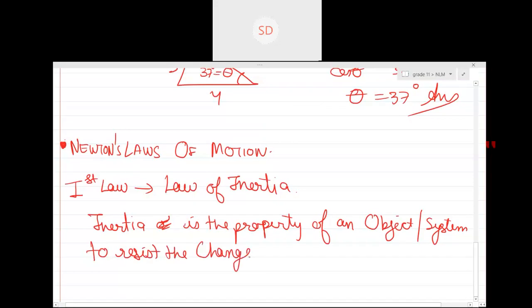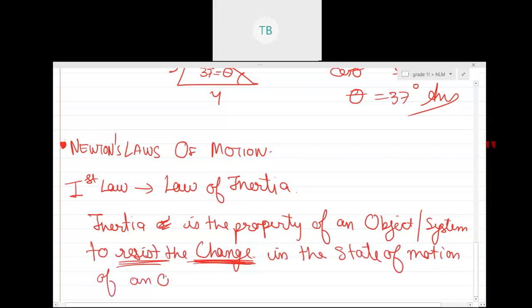Please remember, it is not resisting the motion, it is resisting the change in the state of motion of an object.